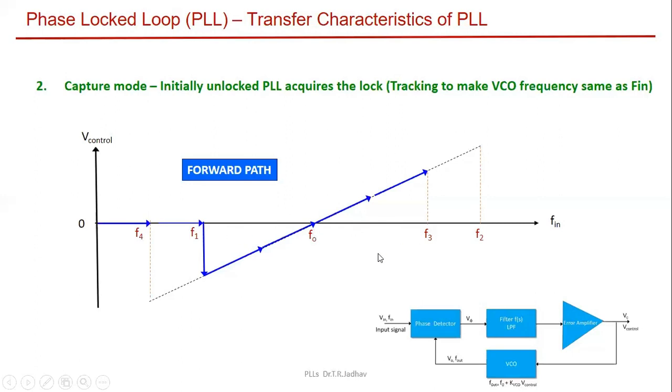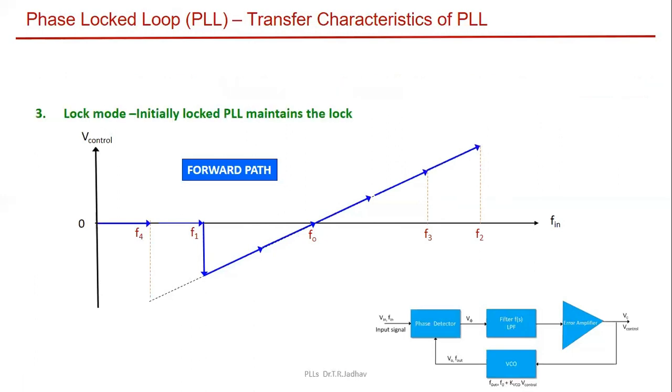But there is a property called hysteresis, and that's why once the PLL acquires the lock in the capture mode, it will not leave the lock at the end of the capture mode, but it will continue to keep the lock, or maintain the lock, in another mode which we call the lock mode.